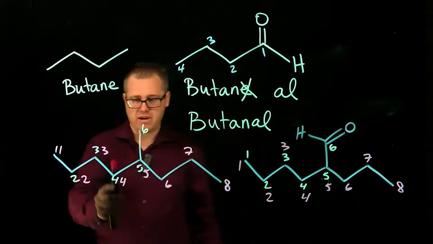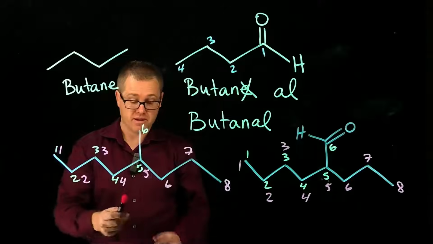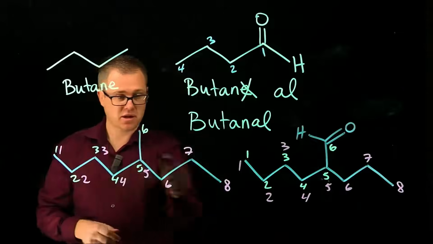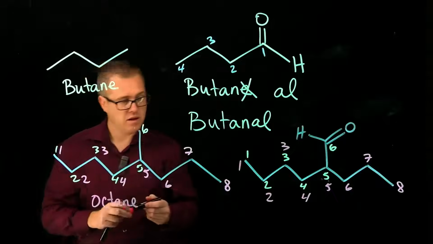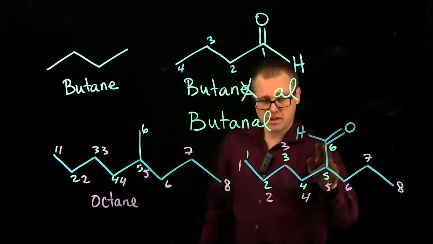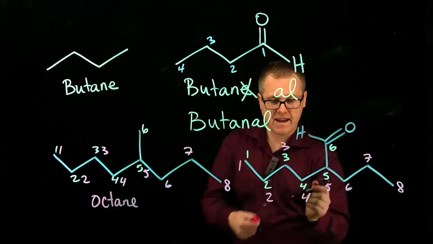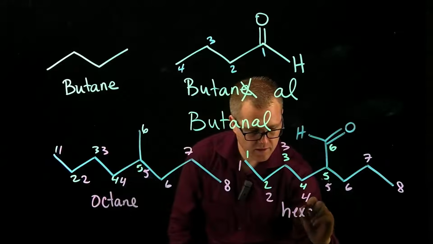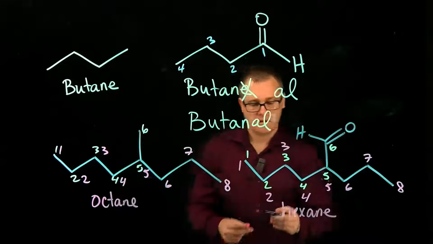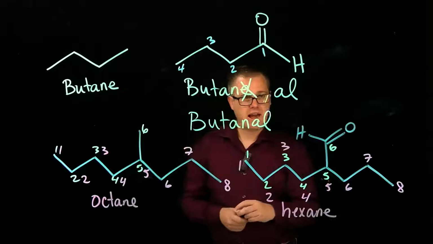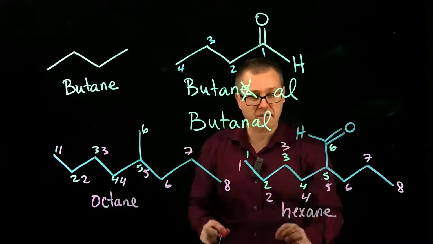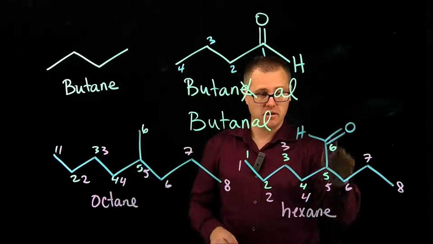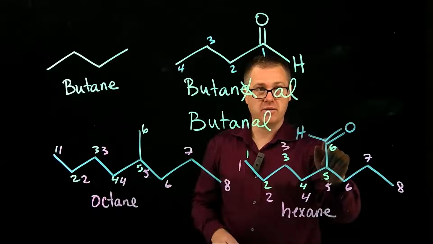Now in this example right here, we would call this an octane because the longest carbon chain is 8. But with this one, we would call this a hexane. And the reason why we call it that is because when we numbered the longest carbon chain, you have to include the carbonyl carbon in the aldehyde.